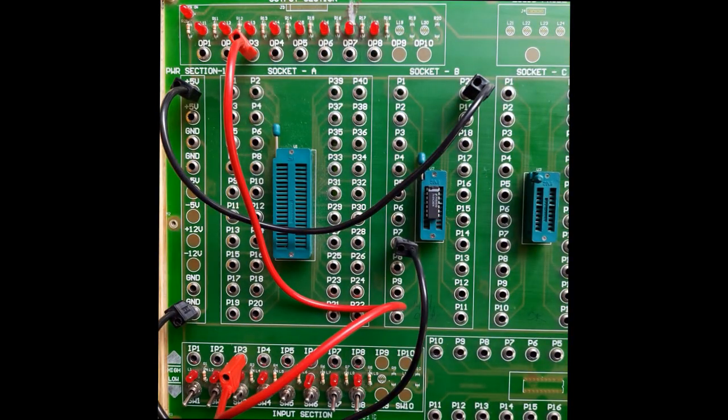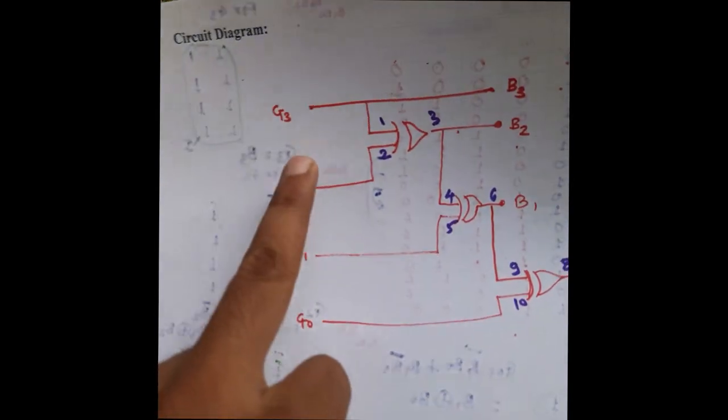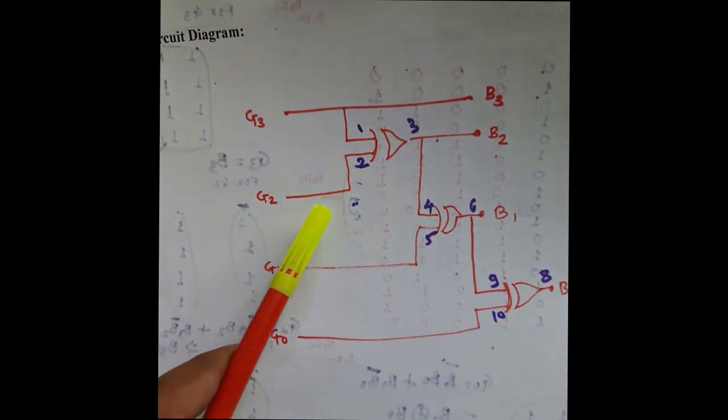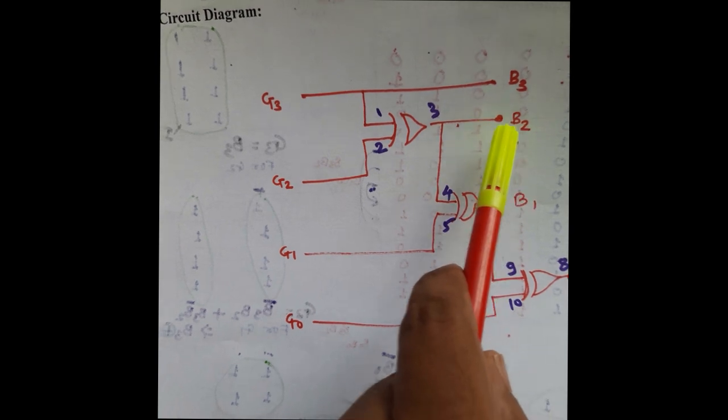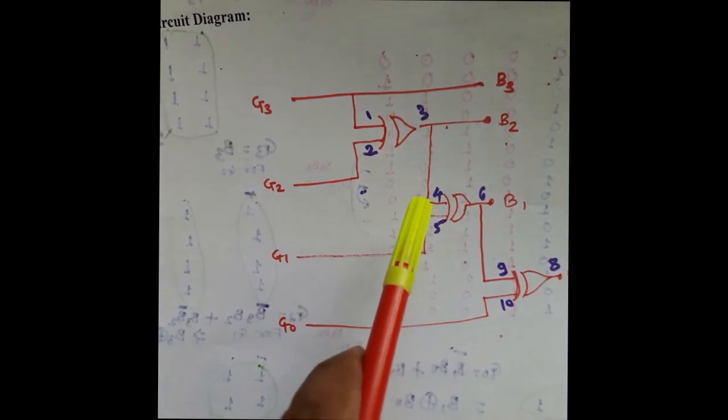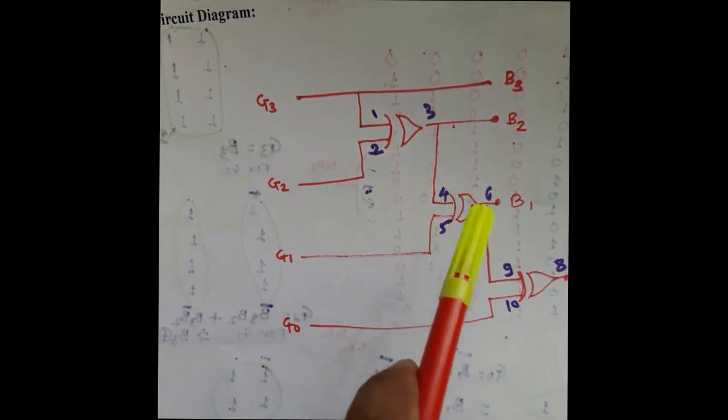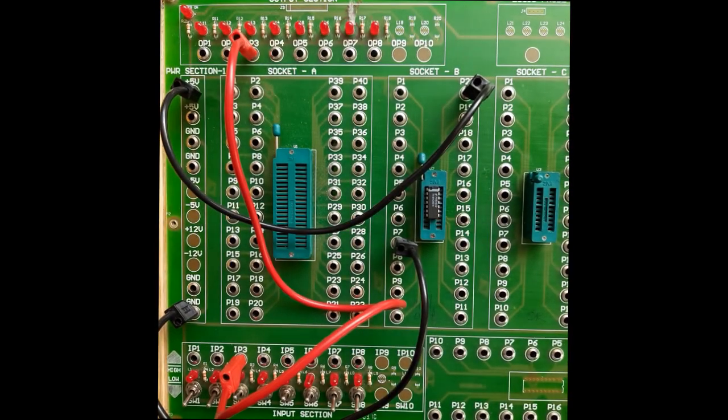Now the next thing is the first XOR gate. What are the inputs for the first XOR gate? G3 and G2. At pin number 3 you are getting the B2 output.